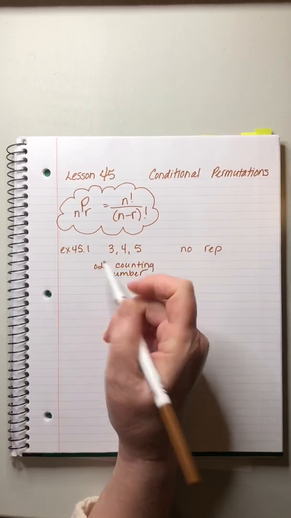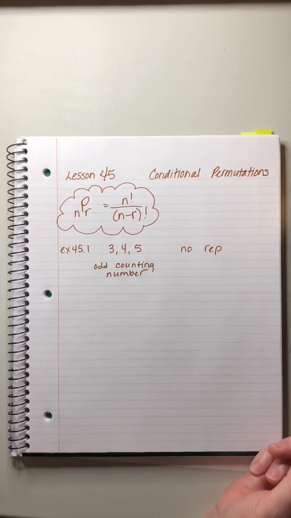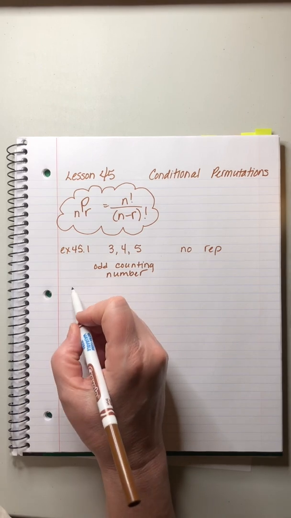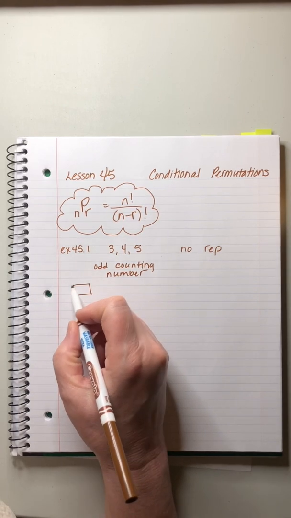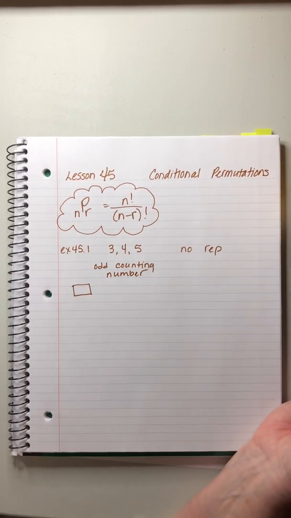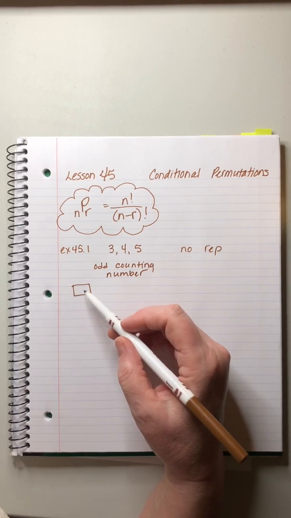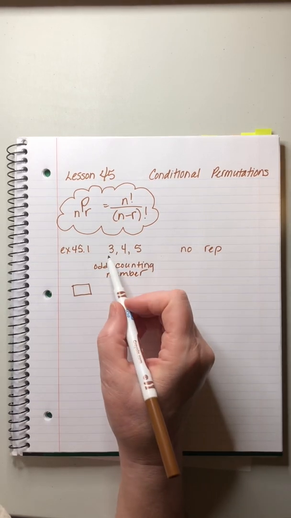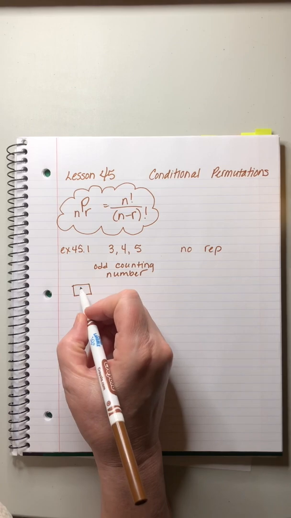We have 3 digits to choose from, but it doesn't say it has to be a 3-digit number. So the first thing we can do is say, okay, what if we just use one box? We could have a 1-digit number, and there are 2 of these that would work. We could either put in 3 or 5.